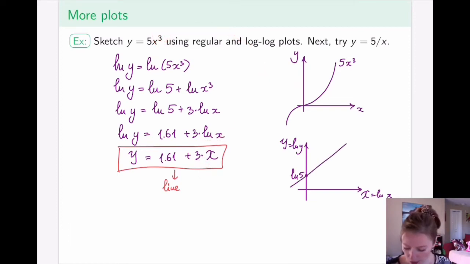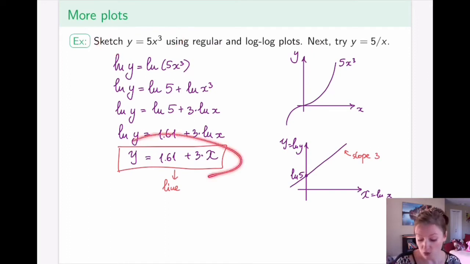Okay, so my line is going to look something like this, and it's going to have slope of 3. So what this allowed me to do is, by applying logarithms to both sides, I've managed to reduce my function to a linear function when both of the axes were logarithmatized.